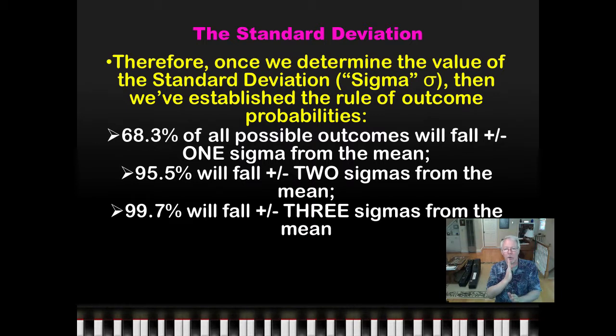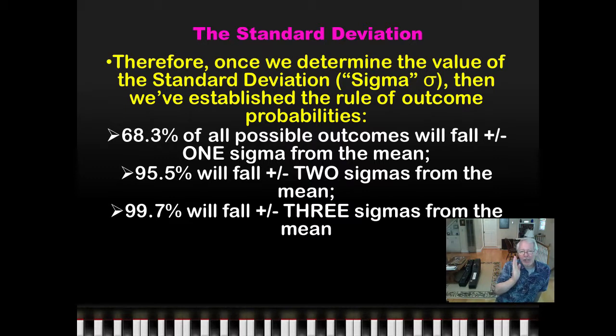If you take your center point, 10% in this case, minus 1 sigma, which we'll calculate, plus 1 sigma, that space above and below the 10% mean is going to account for 68.3% of all possible outcomes. That's a natural rule that Poisson determined.